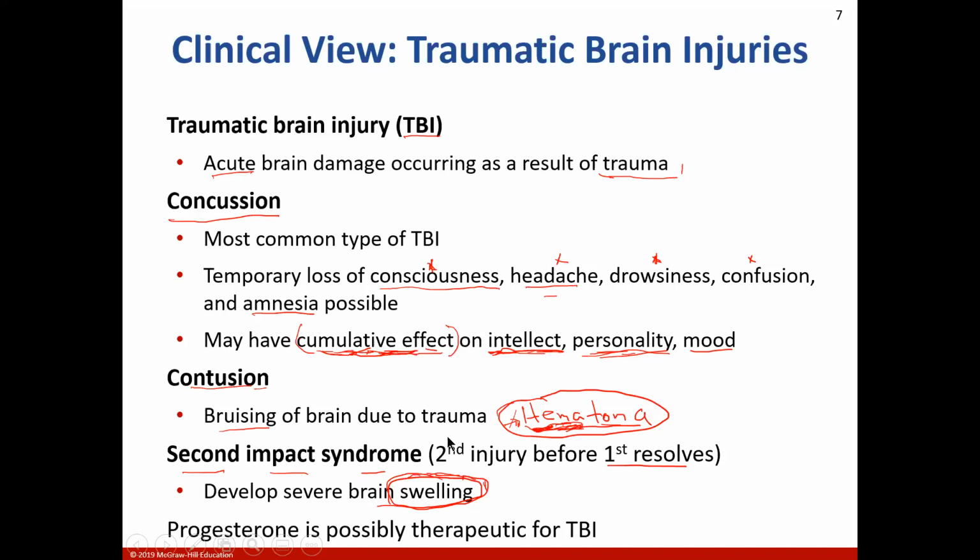That's going to create really ongoing problems like this. So the difference is acute versus chronic. Acute is maybe a one-time, just happened. Chronic is repetitive, over-time injuries, right? Like a boxer, MMA, a soldier, somebody who is a victim of abuse, right?